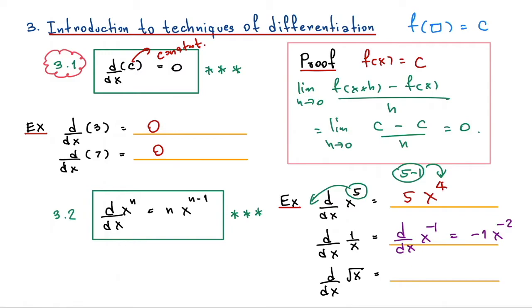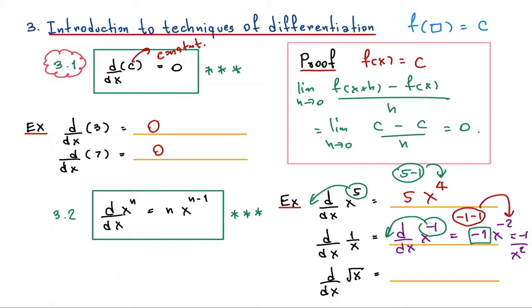If you want, you can write it as minus 1 divided by x squared. Here again, the same: push minus 1 to the front, and then minus 1 minus 1 is minus 2.